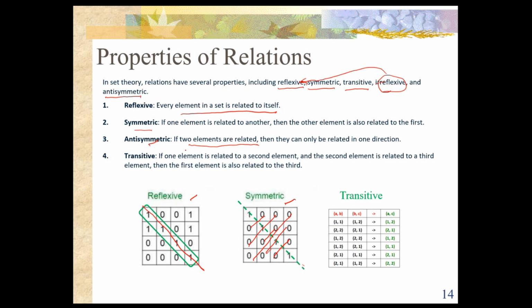The answer is no. For anti-symmetric, if A is related to B, then B should not be related to A. The relationship should be only in one direction. As an analogy, Romeo loves Juliet.